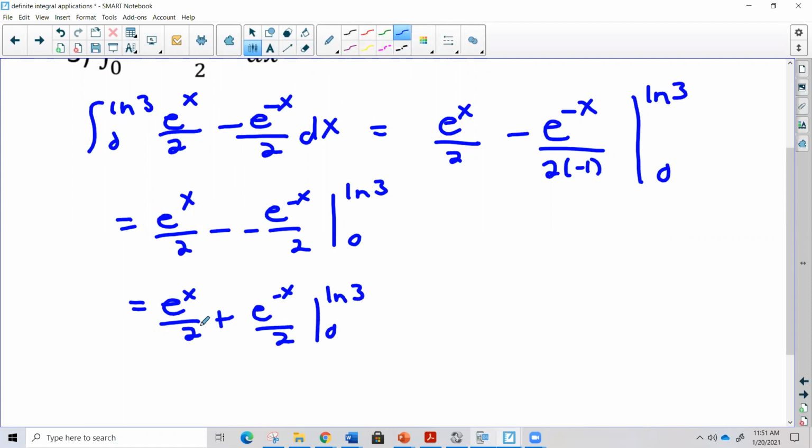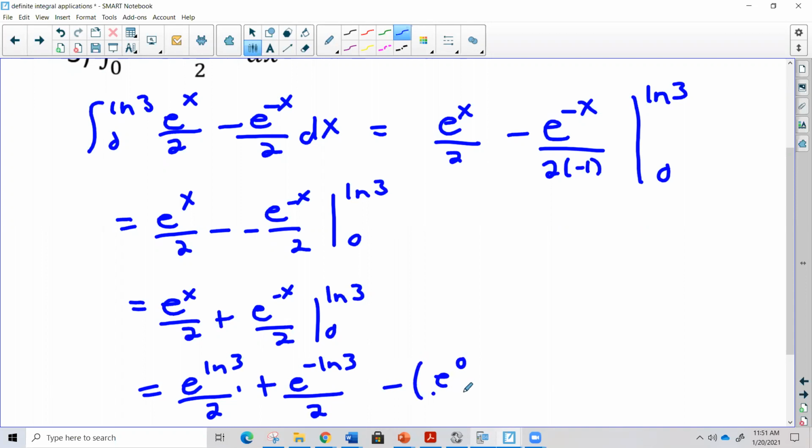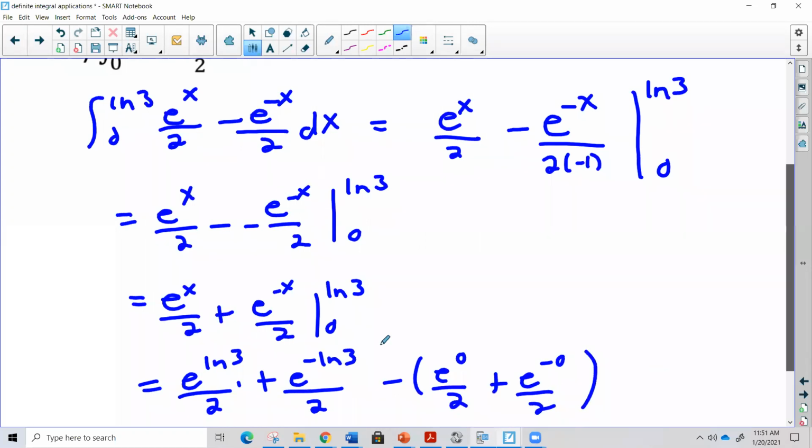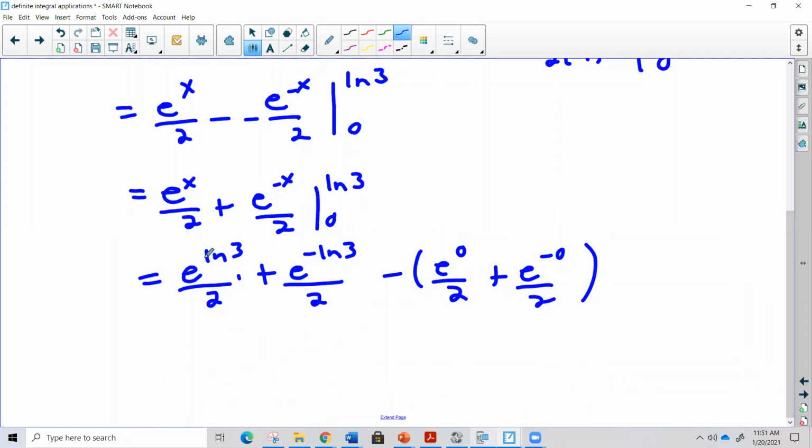So that's the final simplified antiderivative, and then I would plug in my upper bound to both, minus, and then my lower bound to both. Again, you need parentheses around the lower bound.